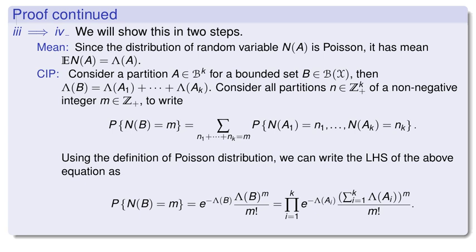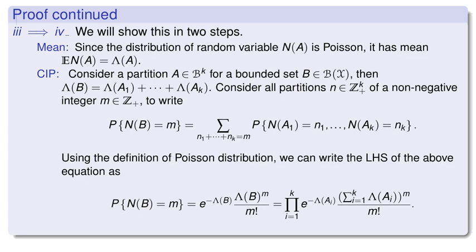Consider a partition A1 through Ak of a bounded set B in script B of script X, then lambda of B equals the sum of lambda of A1 through lambda of Ak.